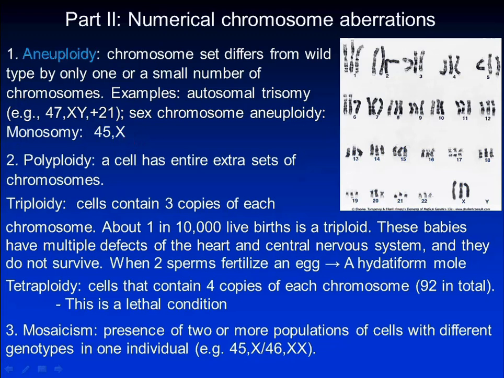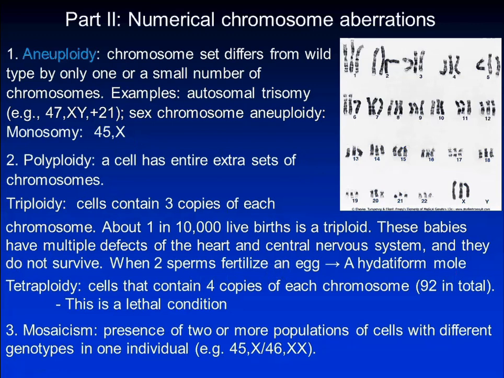Polyploidy refers to a situation in which a cell has entire extra sets of chromosomes. People with triploidy have 3 sets of chromosomes. One particular case of triploidy is hydatidiform mole, which occurs when 2 sperms fertilize an egg.